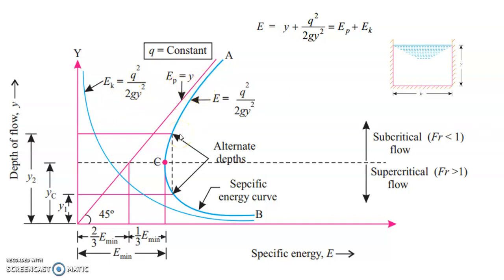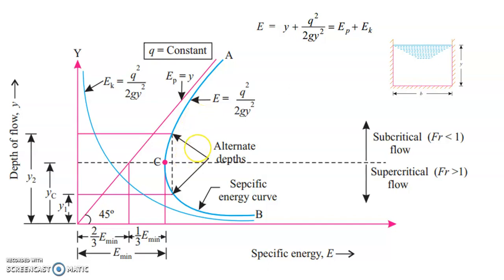The speciality of this resultant curve is that at a certain depth yc, which is called the critical depth and is denoted on the y-axis, the specific energy curve has a point of minimum specific energy. The corresponding flow velocity is called the critical velocity.